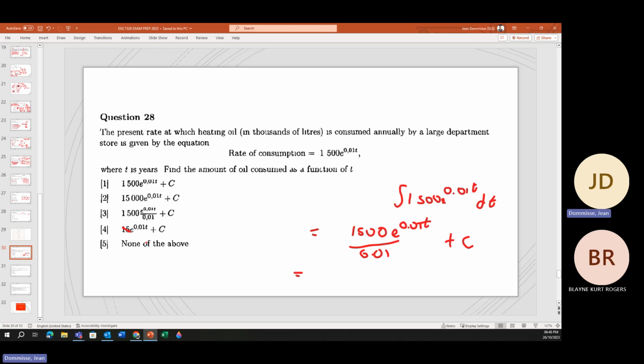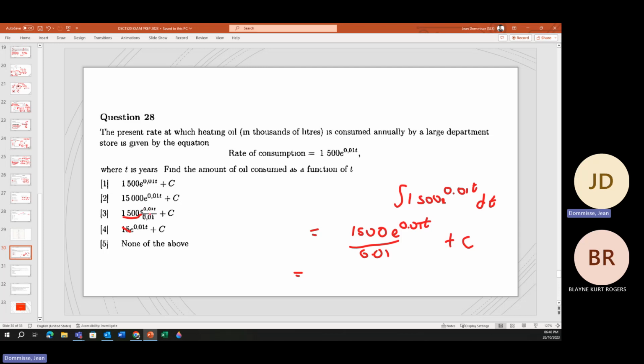To check 15,000. Okay, so I think here is a mistake in how they've written it, that it should be underneath that. It shouldn't just be underneath that.